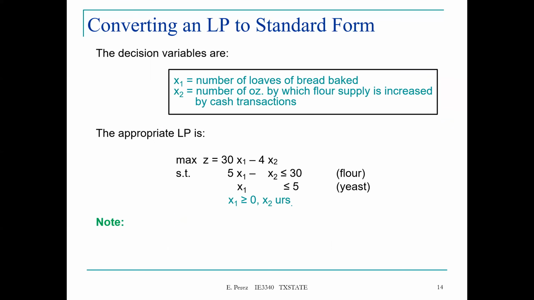So the appropriate LP is the maximization of 30x1 minus 4x2. So 30 is the 30 cents that we get if we sell a loaf of bread, and minus 4 cents is the amount that you pay for buying more ounces of flour.